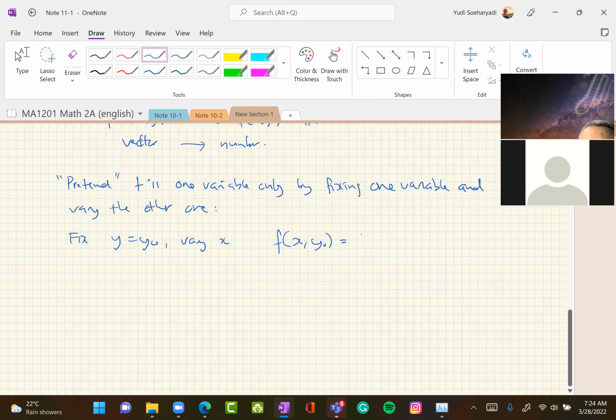We can write this down as f of x, y0. This doesn't mean a power, it just means that we fix y naught, y0. So it's just a function of one variable.